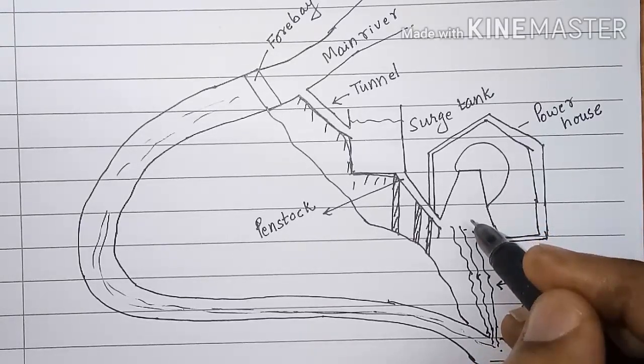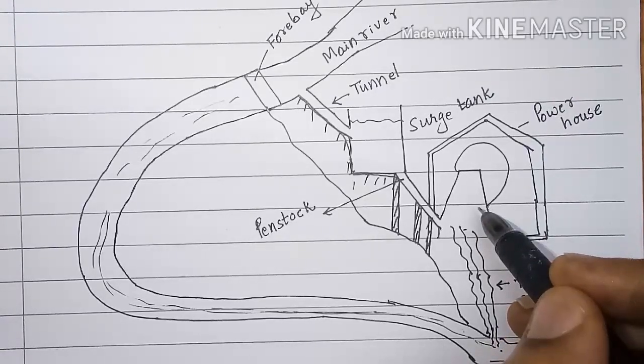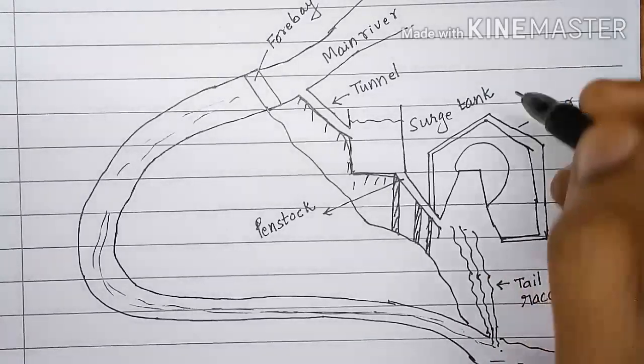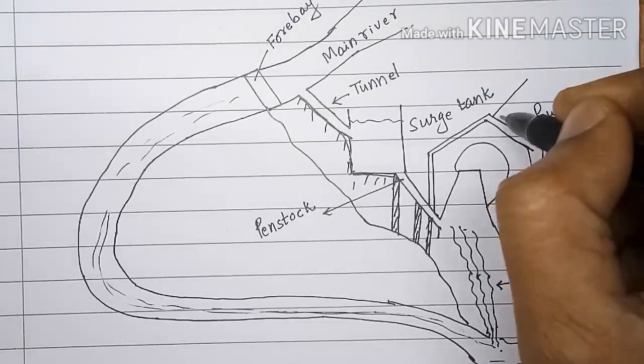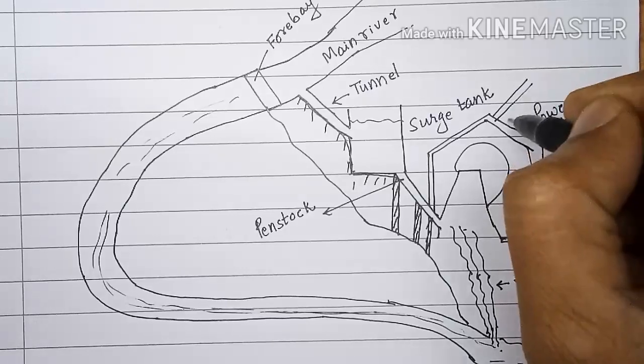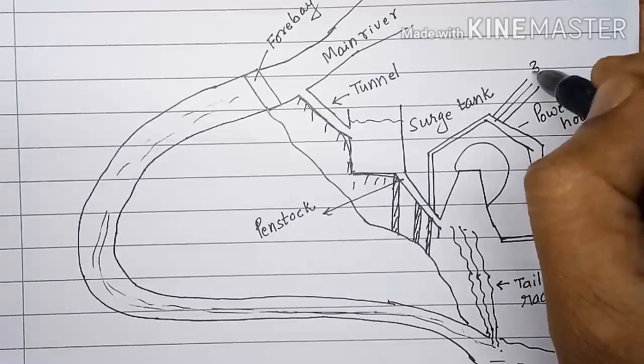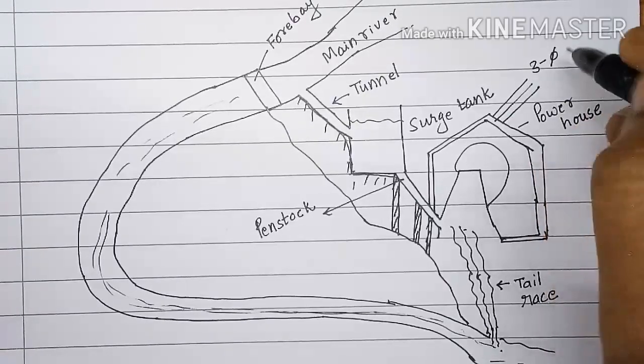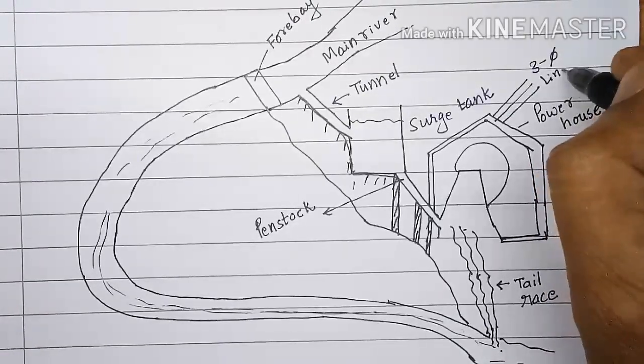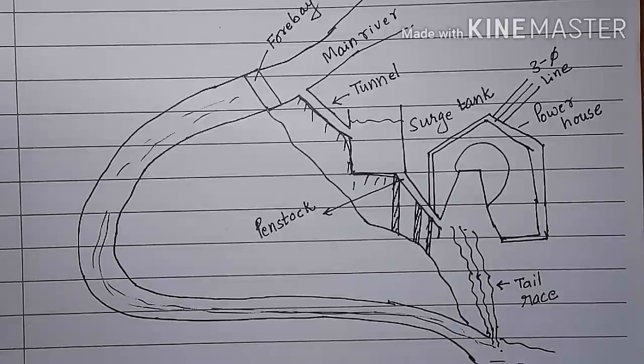Since the turbine is coupled to generator, the generator will generate electrical power, and that power will be fed to the load. So here what you can see is three-phase line.